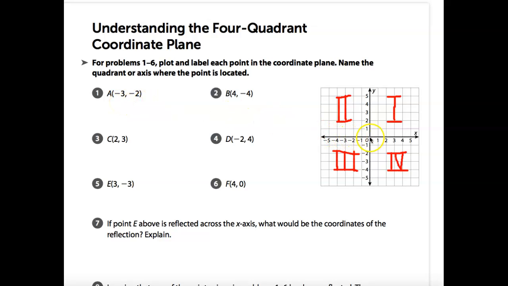So remember, we always start at 0. And then we go on the x-axis first, so across here first. So we go over here, 1, 2, 3, and then down 1, 2, and here is -3, -2, and we're going to label that as A.